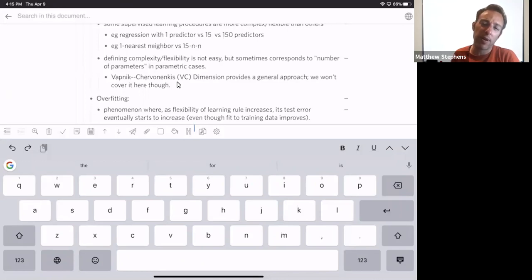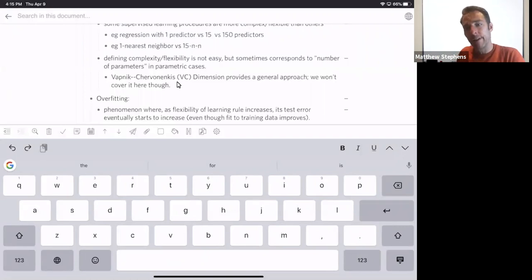If you're just getting your head around it, thinking about a regression model with 5 predictors versus 50 predictors might be a good starting point. So that's the idea that some learning procedures are more flexible and more complex than others.